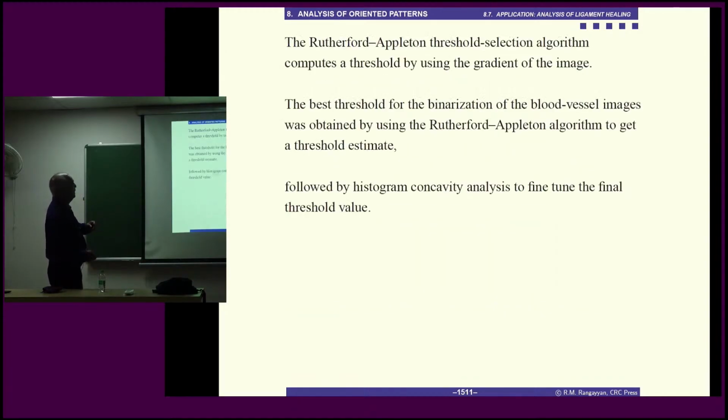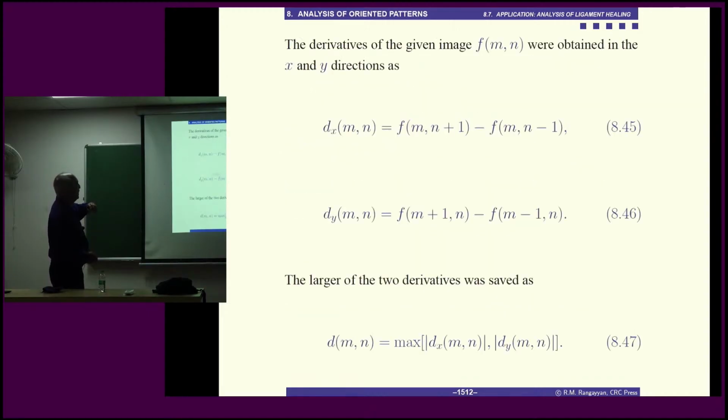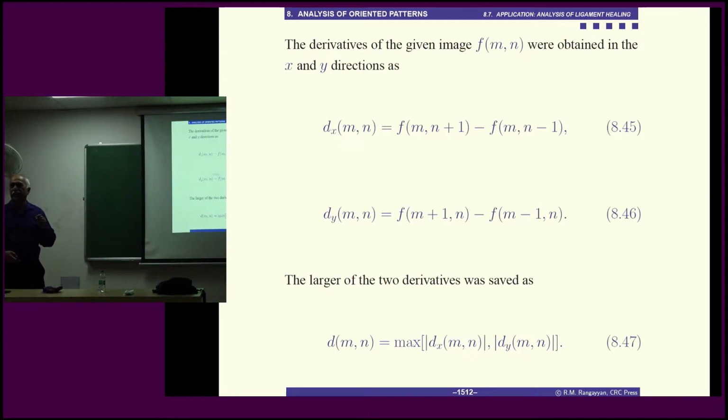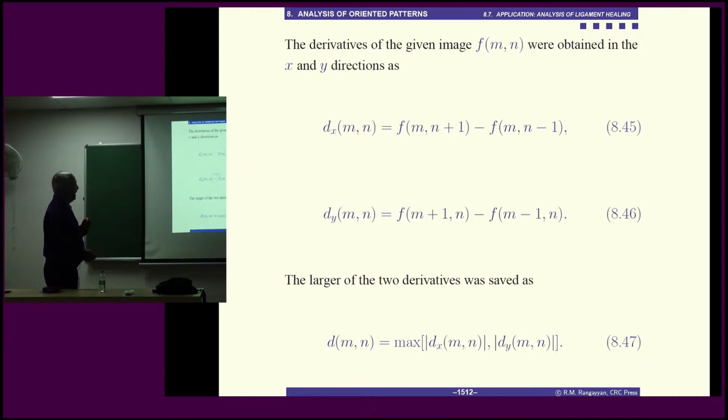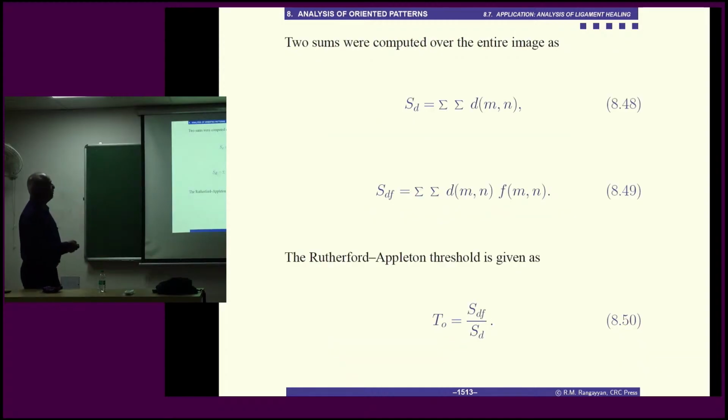So Kevin Eng, who did this project, had difficulty in finding an optimal threshold. So the derivatives were obtained in the horizontal and vertical directions, and the maximum of the 2 derivatives were taken, and then they were summed, and there was another sum computed as the derivative weighted with the original image, and there is a threshold known as the Rutherford-Appleton threshold, which is the ratio of the two.